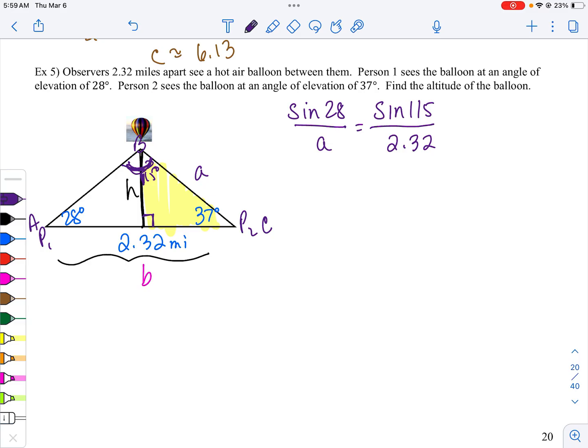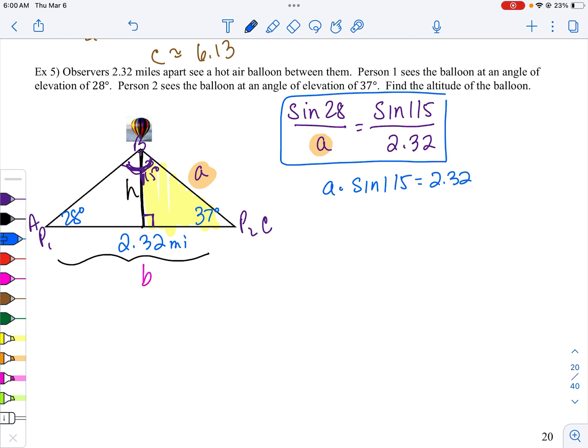So that right there, I could continue and I can do sine of angle C, which is 37 over C, but I'm not looking for that. I want to find side A, and that is enough to let me find side A. So I don't have to finish the whole law of sines because I'm just going to focus on these two parts right here. So when I cross multiply, I get A times sine of 115 equals 2.32 times sine of 28.